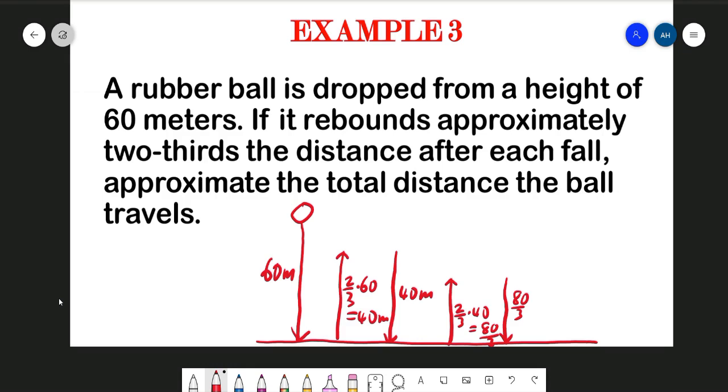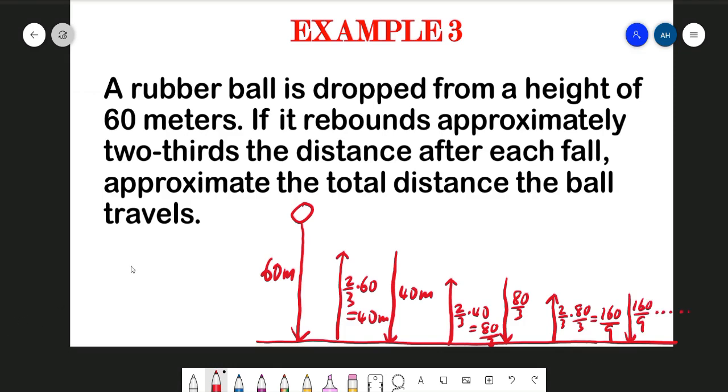After it hits the ground, it will go up again for a distance of 2/3 of 80 over 3, that is equal to 160 over 9, and it will go down again for the same distance, that is 160 over 9, and the process continues forever, right?